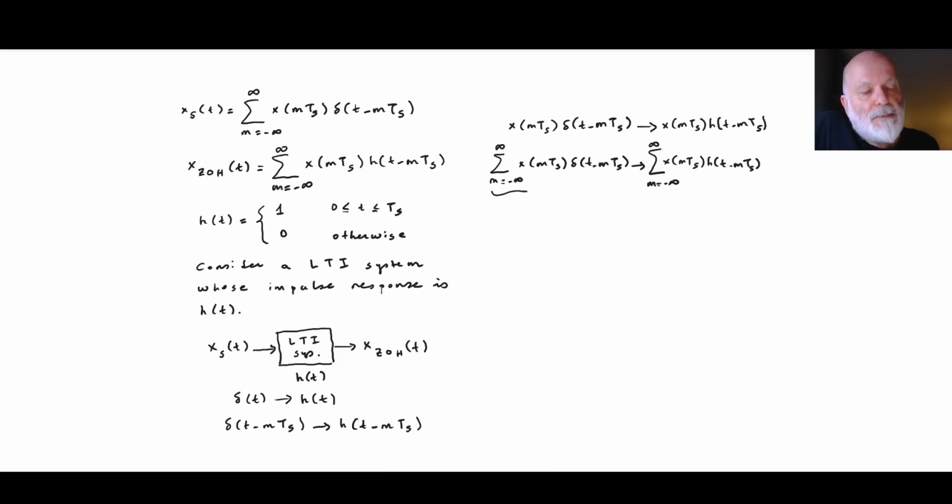In other words, the input xs of t will give the output x sub ZOH of t.